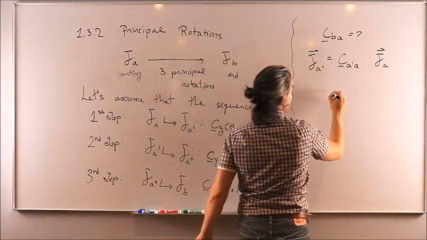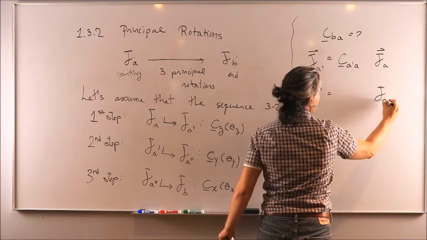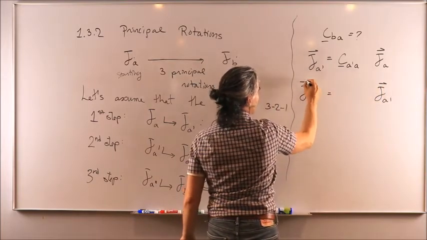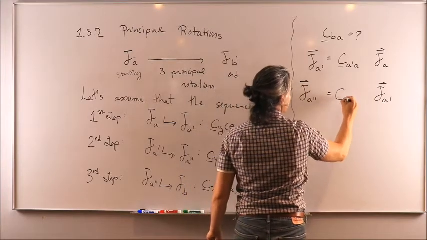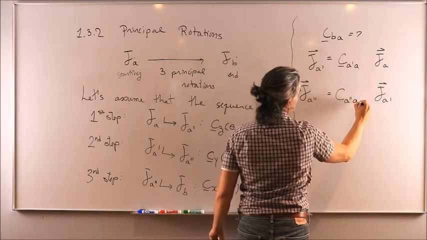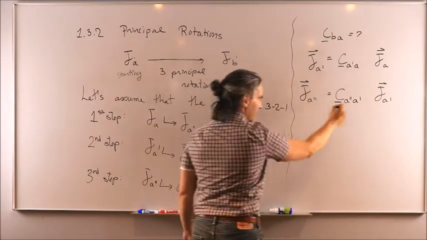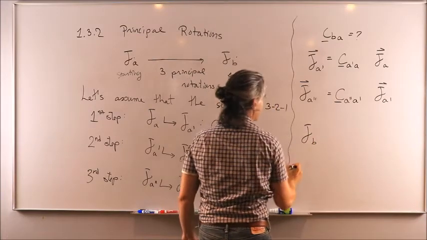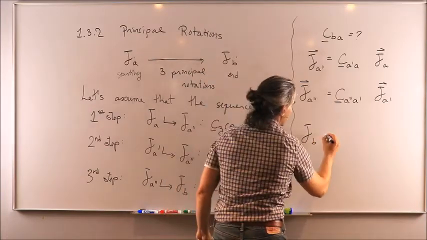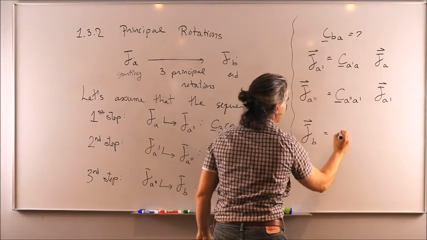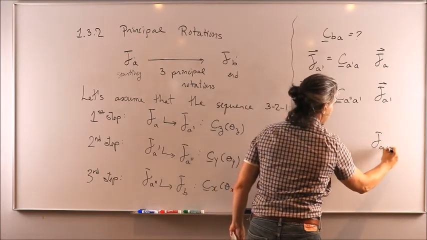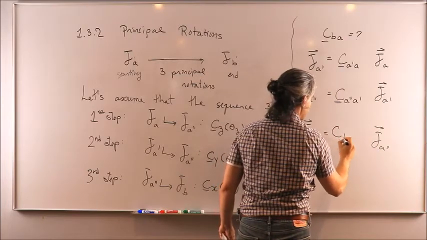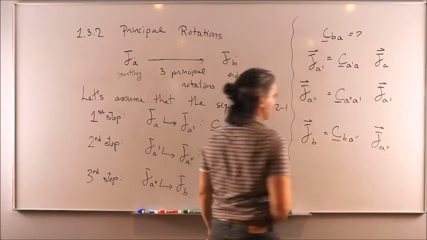Now, in the second step, we went from A prime all the way to A double prime through the rotation matrix C A double prime A prime, just again by looking at the subscripts. And finally, we obtain the final reference frame, starting from A double prime, and then the rotation matrix in that case has to be CB A double prime, like that.